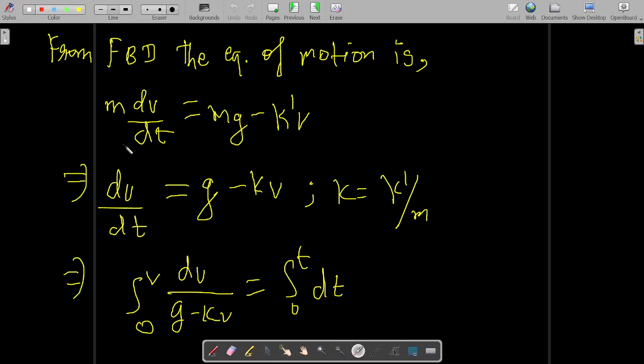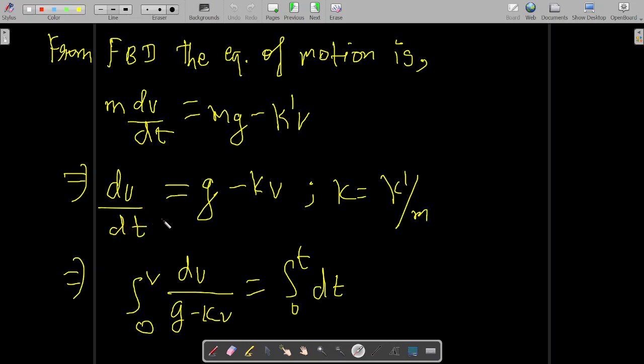Okay, so eventually this m will go to the right hand side, then what will happen? In dv by dt, this m and this m will cancel out, and minus K dash divided by m will come over here, and K dash by m will be equal to your K. So now you have to integrate.